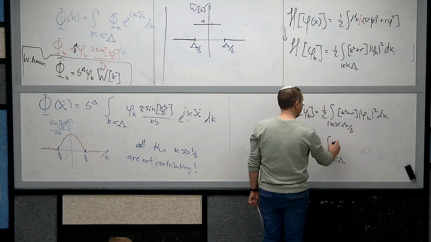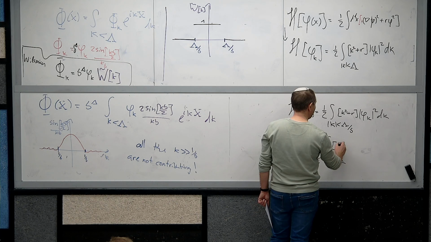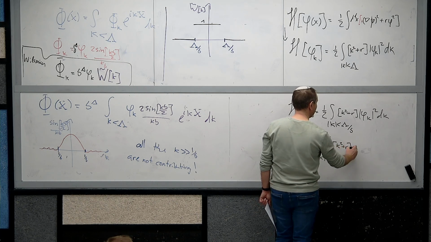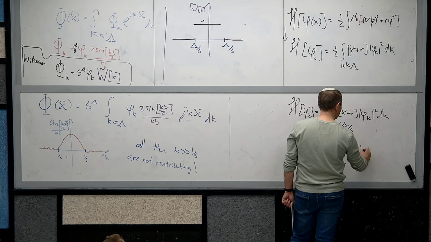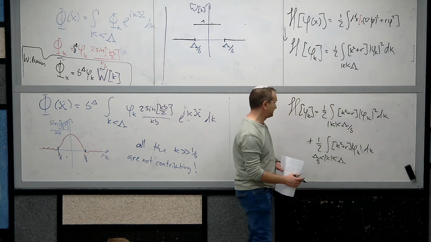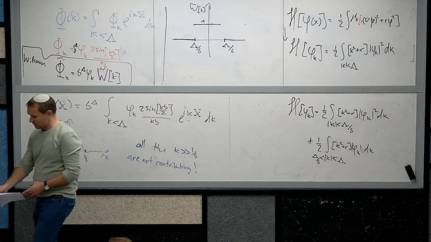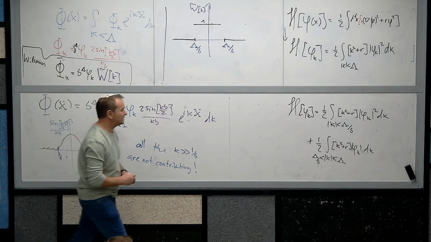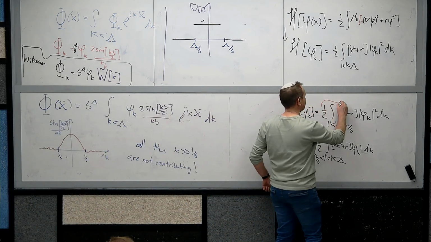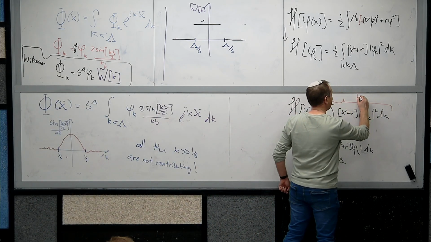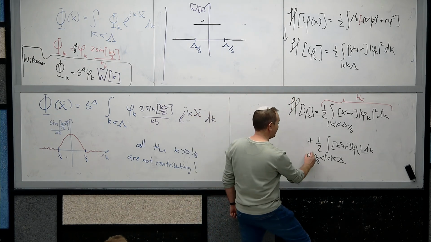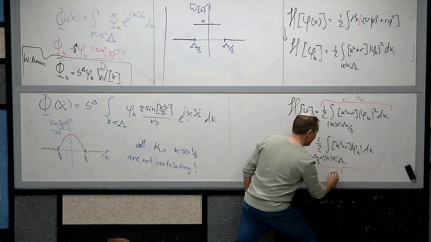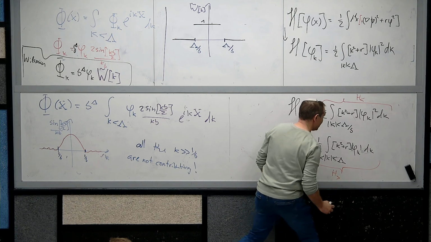And here I have k squared plus r phi of k squared dk. So this is h for k smaller than lambda, and this is h for k larger than lambda.